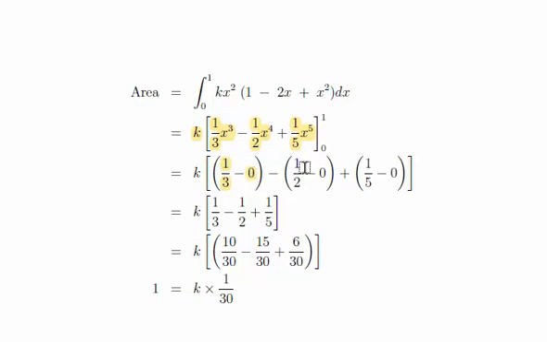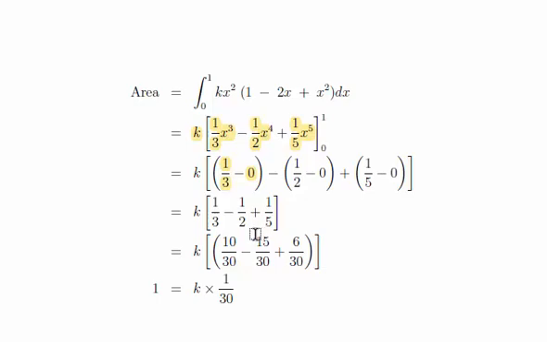Likewise, a half of x to the power of 4 evaluated at 1 gives a half, and at 0 gives 0. Likewise for 1/5 of x to the power of 5, we get 1/5 minus 0. I just took 3 parts there and treated them as 3 separate definite integrals. You can go other ways about it; there's no right or wrong way. You could do it as one big expression, evaluate it at 1 and then subtract the value at 0. I just find it easier to work this way.